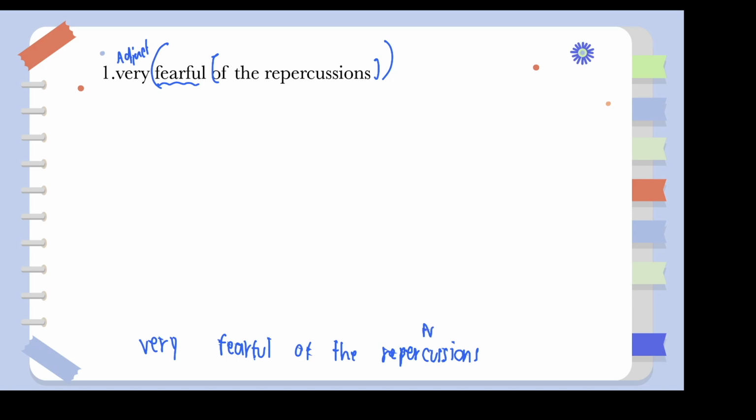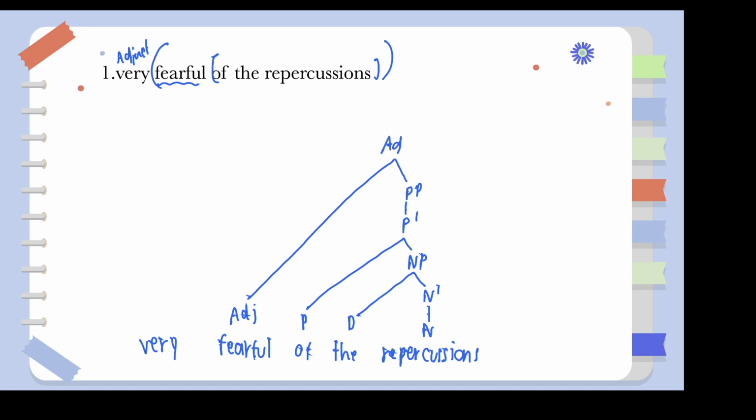So repercussions is the noun. So we have N bar and the determiner "the" attached with this N bar to be NP, and once we have this NP, we attach NP with the P "of" to be P bar, and this P bar we have PP. So this PP will attach with our adjective fearful to be ADJ bar.